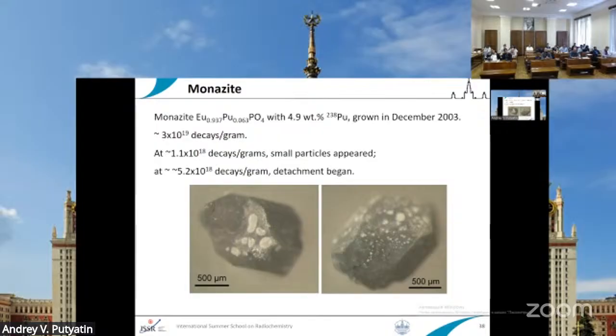Because these flakes, even if they were europium phosphate, the structure was not monazite but rhabdophane. Rhabdophane is the hydrated phosphate of europium. So it's just the surface interaction.